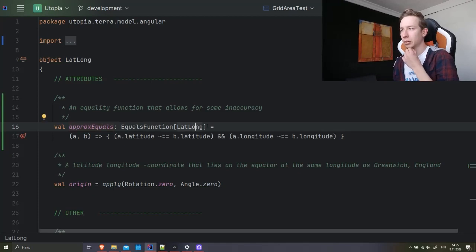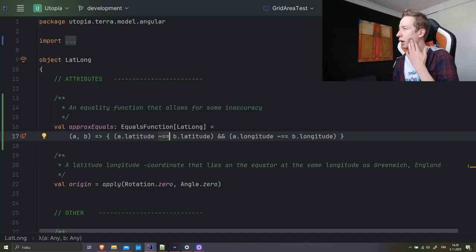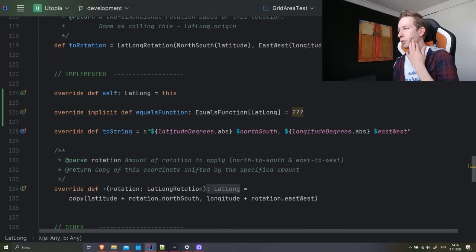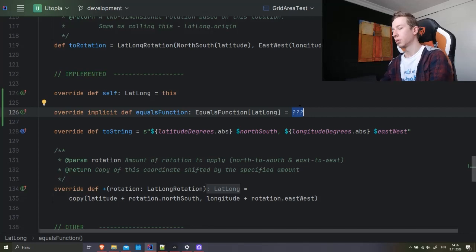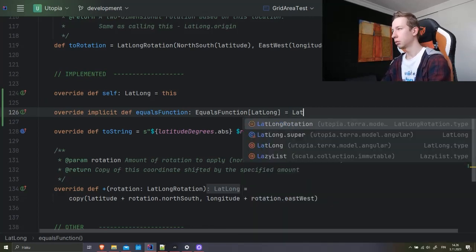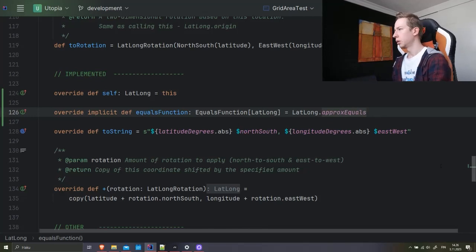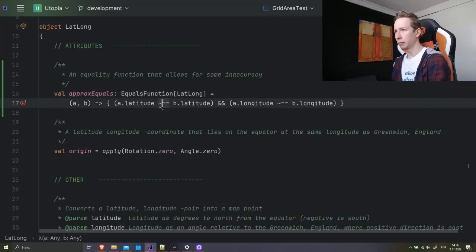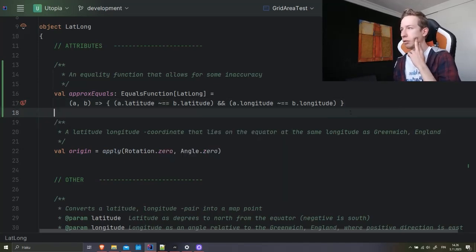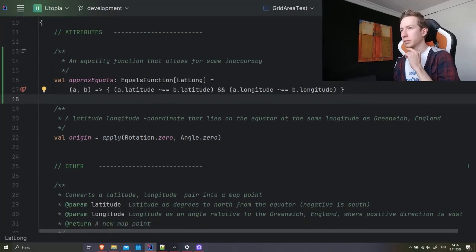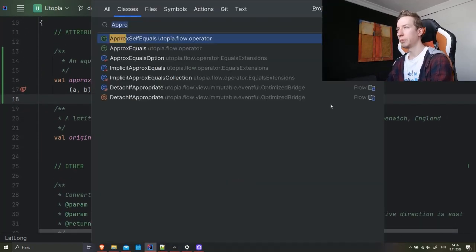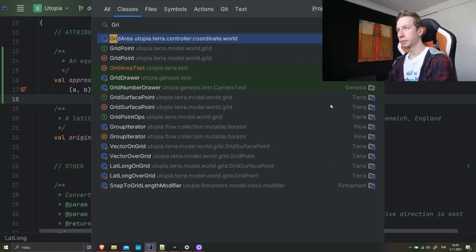Because in latitude, longitude, we don't necessarily want to have too much inaccuracy by default. So for now, let's add this like so. We might have to use a different function because the inaccuracy in these functions might be too large. But anyway, back to testing.